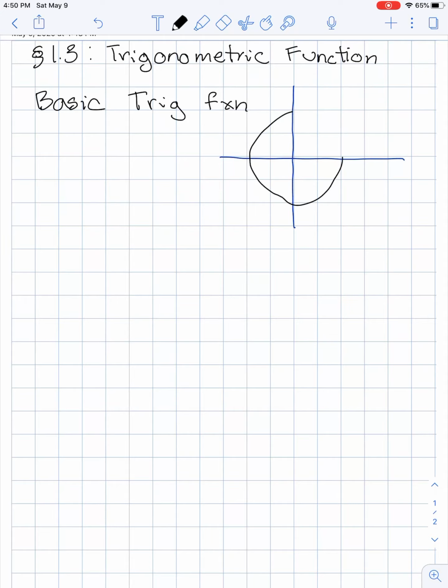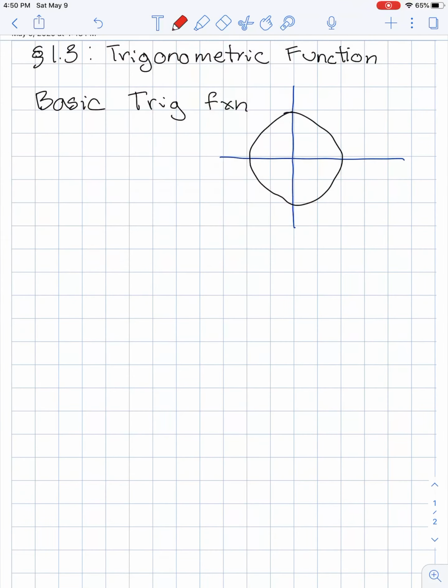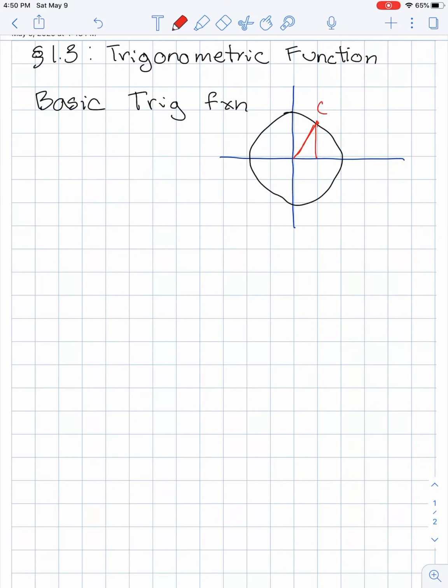And I have my unit circle. It's a unit circle because its radius is 1. So if I choose this point right here, I can draw a triangle from here down and over to here. And this point right here is going to have the coordinates x, y.